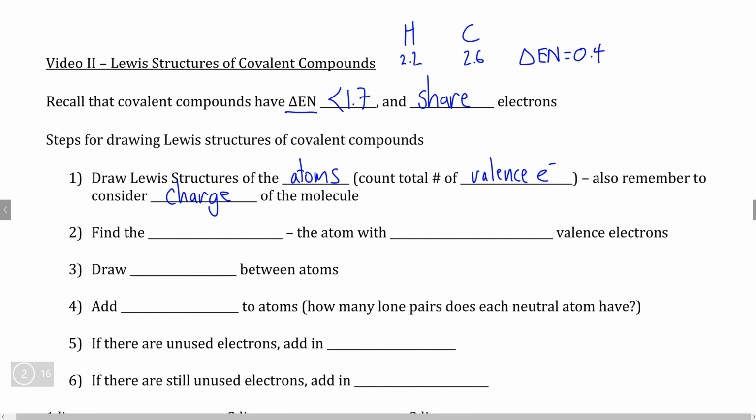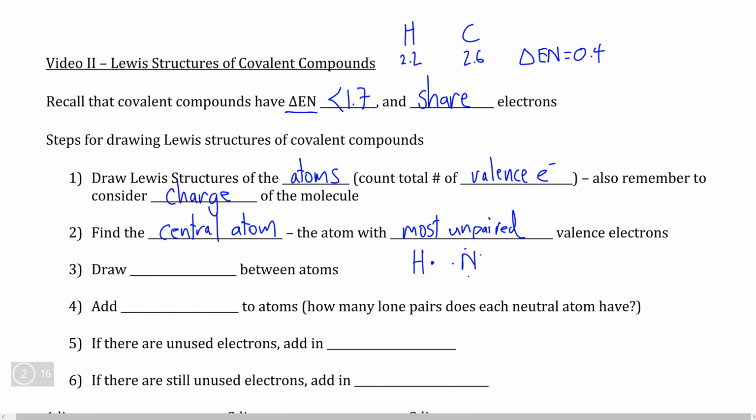After we know what all of our atoms look like, we need to find the central atom of the structure, and as with ionic Lewis structures, the central atom is always the atom with the most unpaired valence electrons, that being the most valence electrons that do not exist within a pair in the atom. So for example, hydrogen only has one.